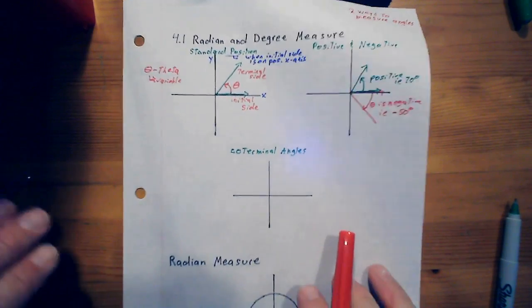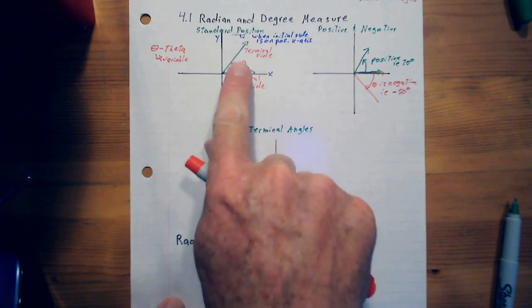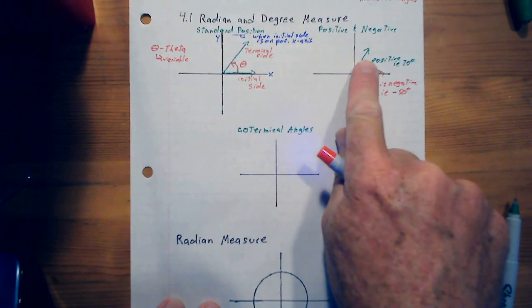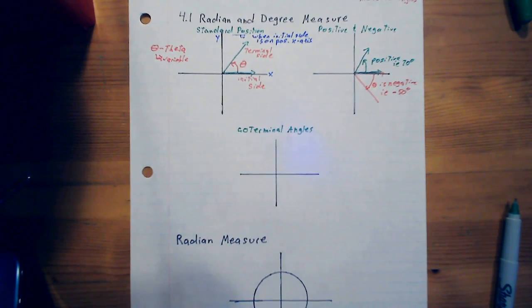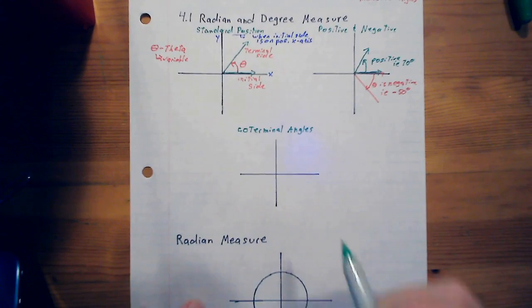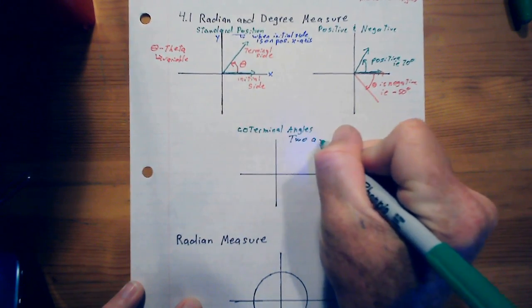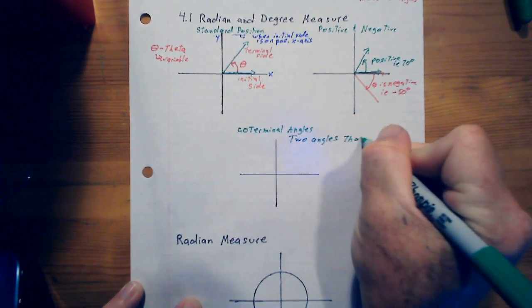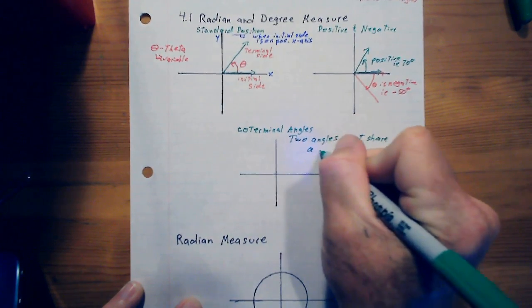Okay, now let's talk about coterminal angles. Well, we already talked about these terminal sides. They start with the initial side, and they go to this terminal side. Coterminal angles are simply two angles that share a terminal side.